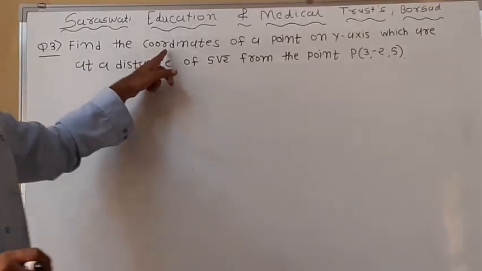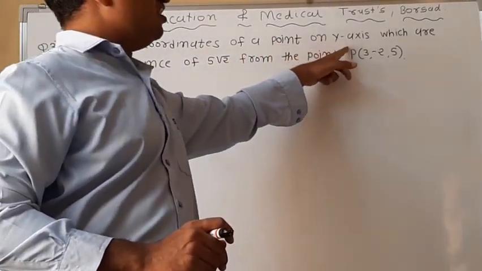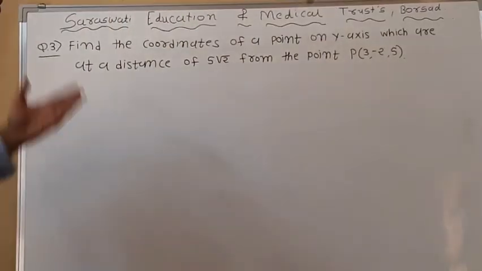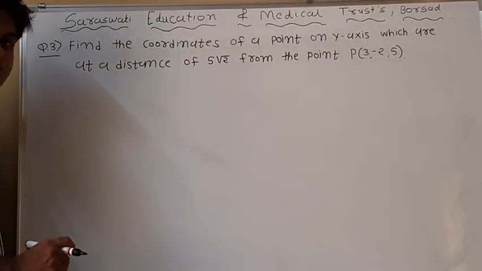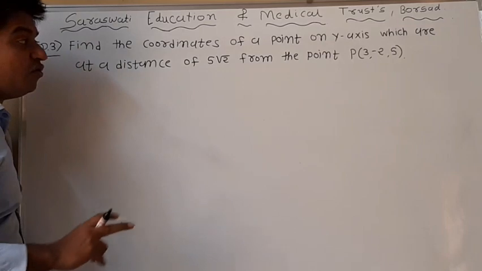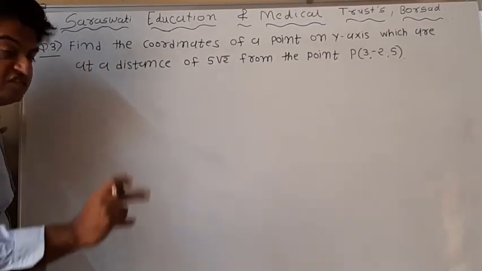But here the point is on the y-axis, that means another point is present on the y-axis. Since the point is on the y-axis, the x coordinate and z coordinate are 0.